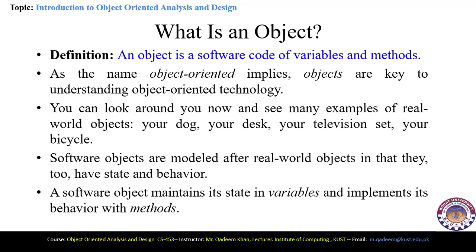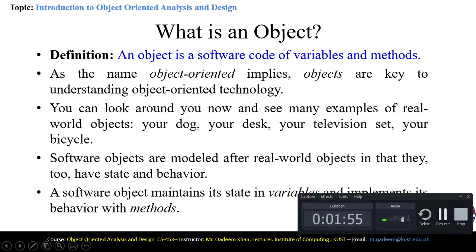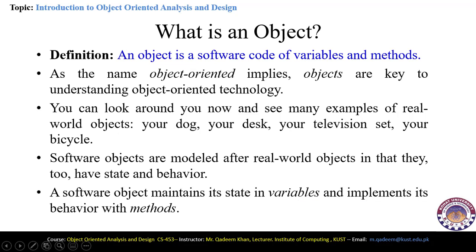What is an object? An object is a software code which contains the variable and methods. It means that an object is basically a piece of code which contains data types and the functions.